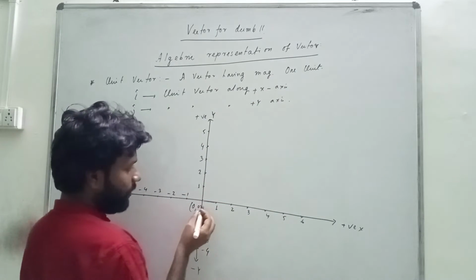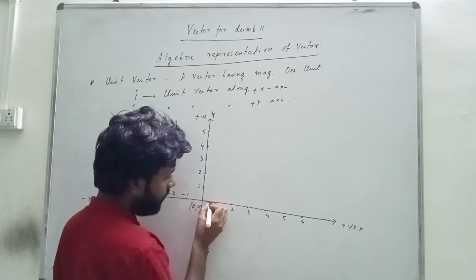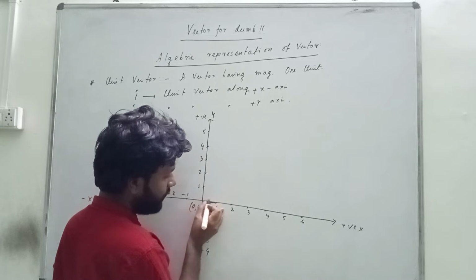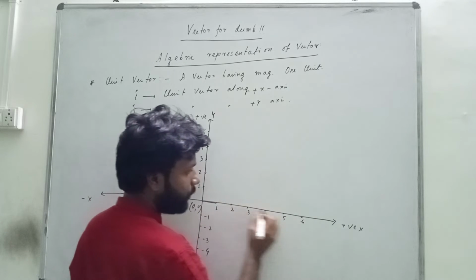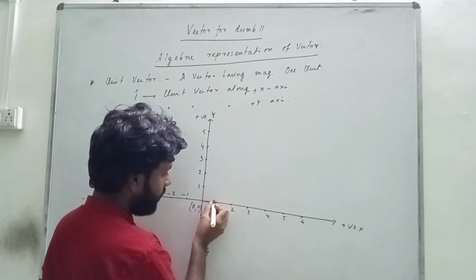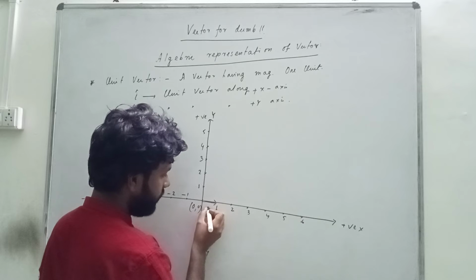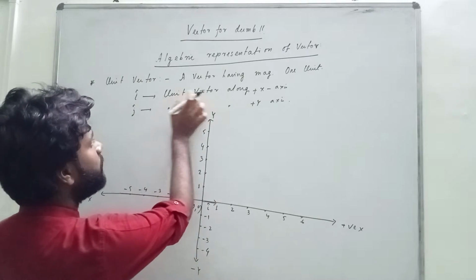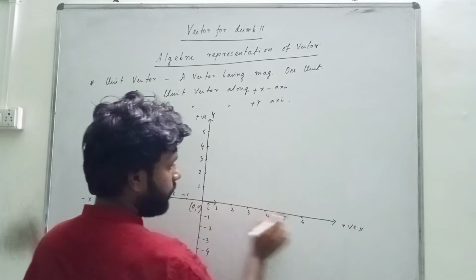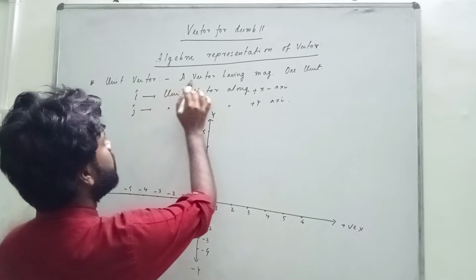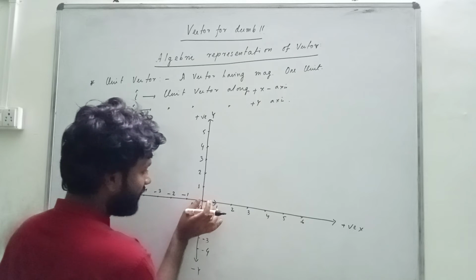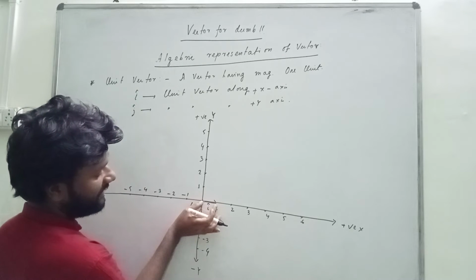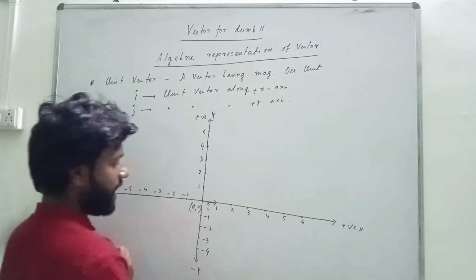So from 0 to 1 is one step along the positive x-axis, so you can call it I hat or I cap.